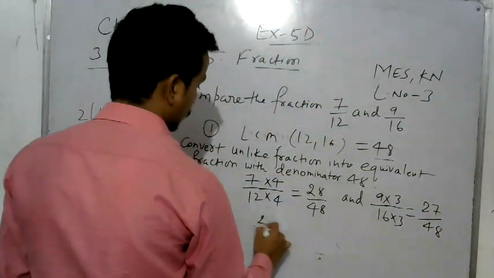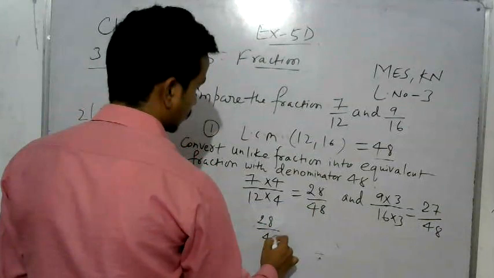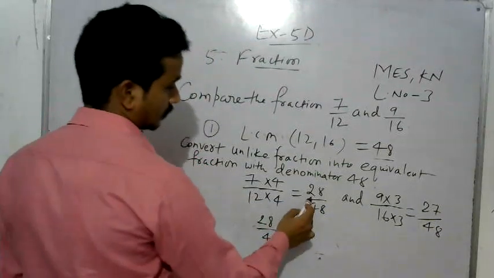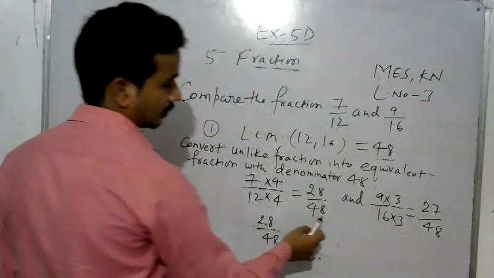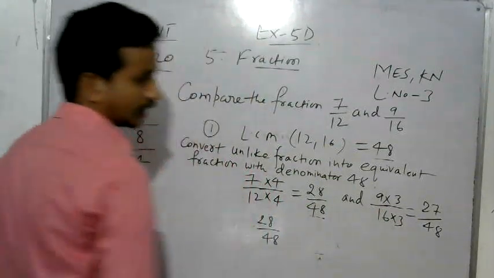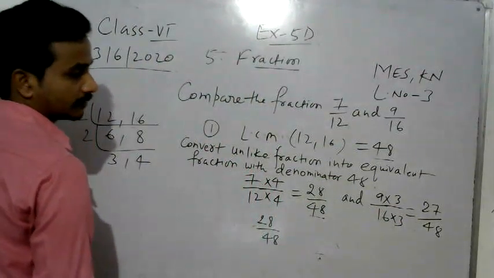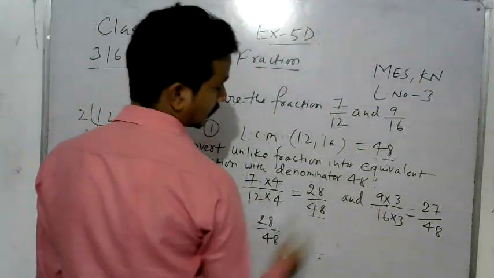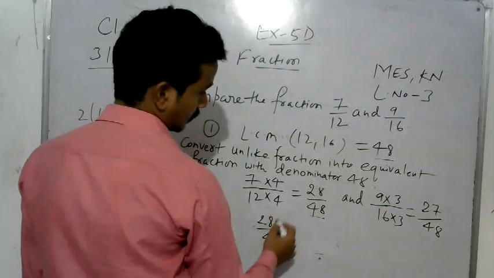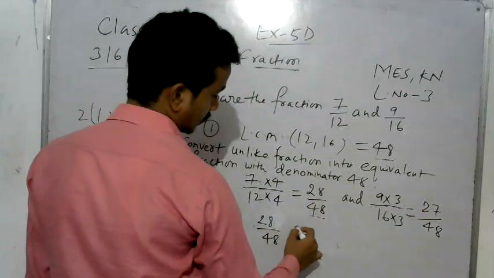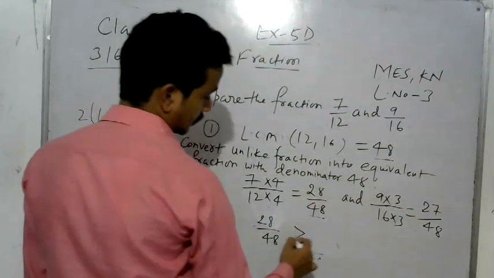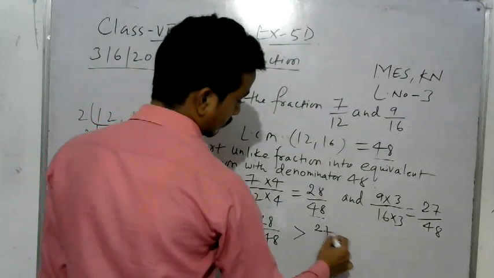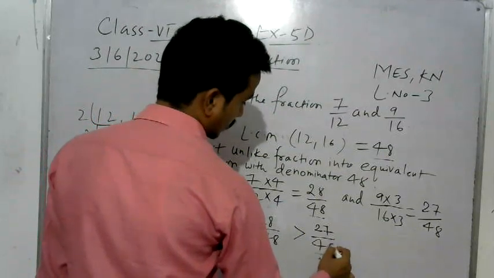Now this is a like fraction. We have converted into like fractions with the same denominator, and we know how to compare like fractions. Just compare the numerators. Since 28 is greater than 27, 28 by 48 will be greater than 27 by 48.